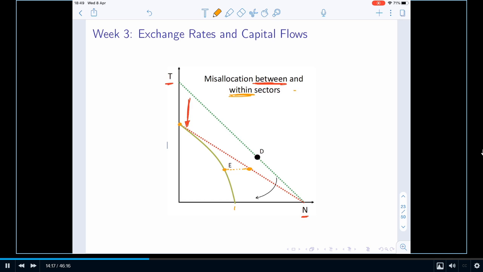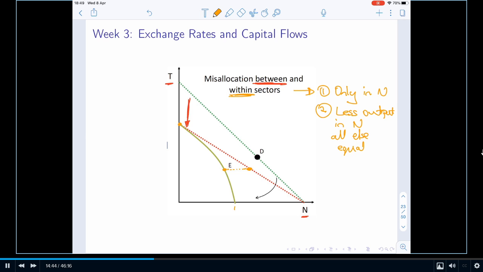So point number one from this diagram is that the misallocation is only in N. Point number two is less output in N, all else equal.